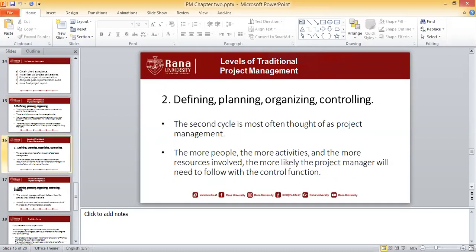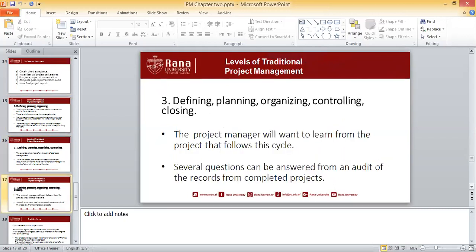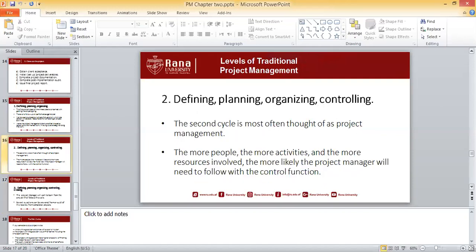If you look here at the second slide, we have defining, planning, organizing, and controlling. So the controlling function is added in this level. And in the third level, as you can see, there exists the closing function of traditional project management. So I'll be talking about these levels, inshallah, in detail.